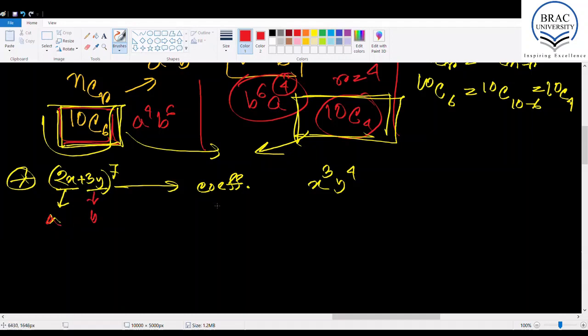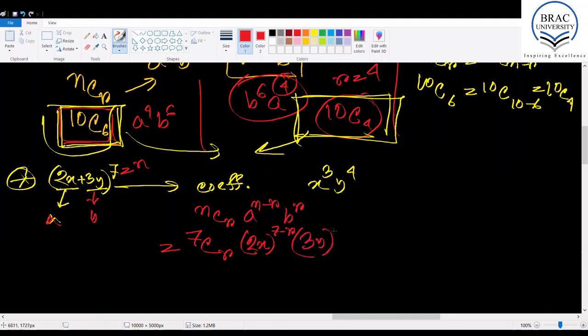Okay, so according to the general form, we'll create the general form and compare always. It will be NCR a to the power n minus r into b to the power r. N value is equal to 7 here, so 7Cr, we don't know the value of r, that is what we are going to determine. (2x) whole to the power n minus r, 7 minus r, into b value is 3y, (3y) to the power r.